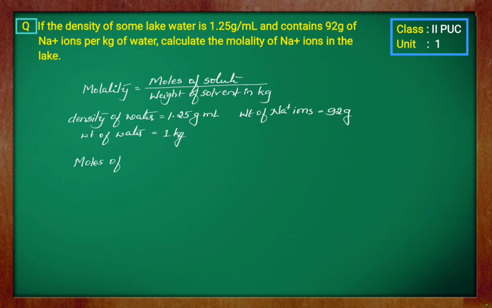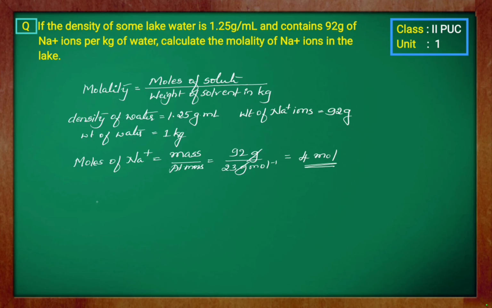So moles of Na plus is equal to its mass by atomic mass, which is equal to 92 grams divided by 23 grams per mole, which is equal to 92 divided by 23, it's equal to 4 moles.